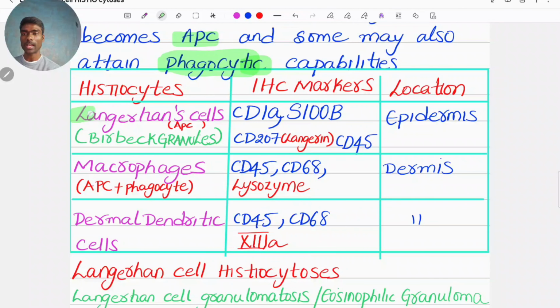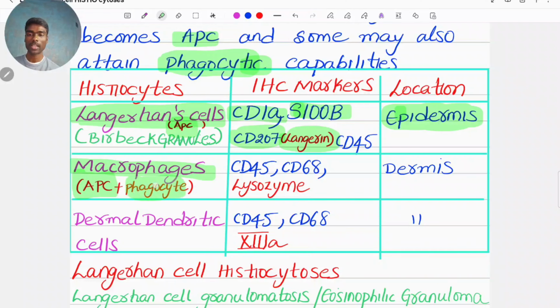What are they? Langerhans cells, with immunohistochemical markers CD1a, S100B, CD207, also known as Langerin, and CD45. They settle in the epidermis and are antigen presenting cells. Next, macrophages. I already told you all are antigen presenting cells and some may have phagocytic capability.